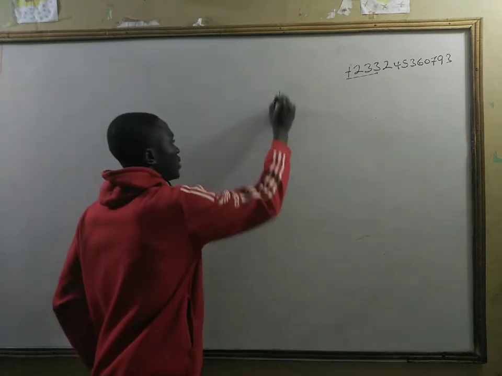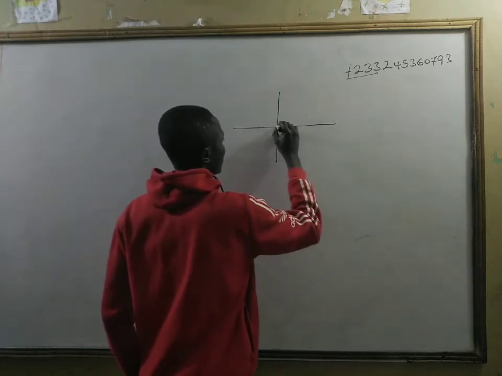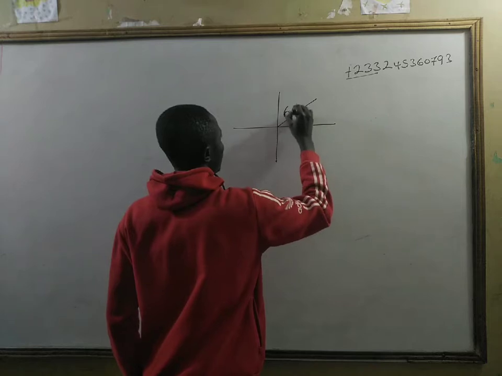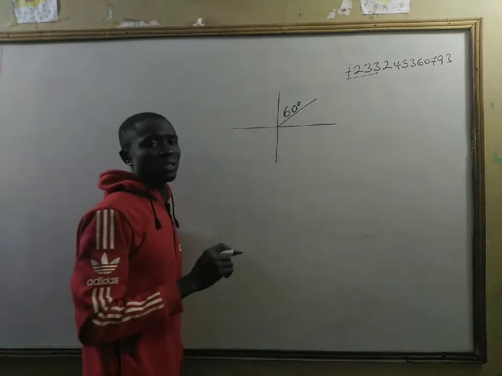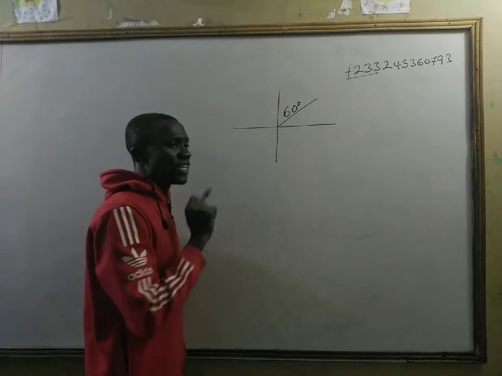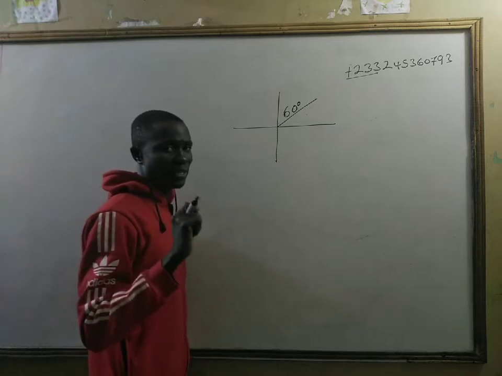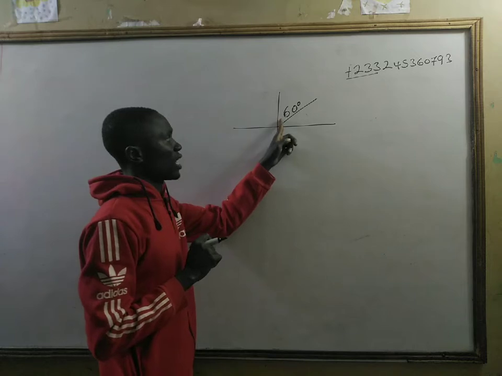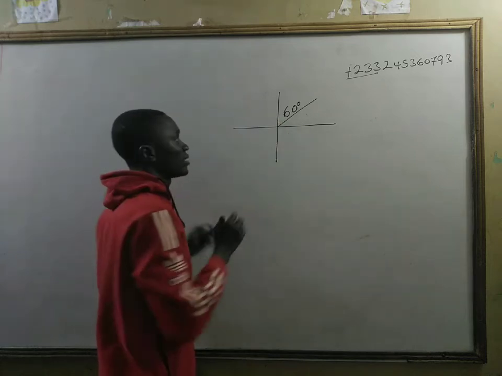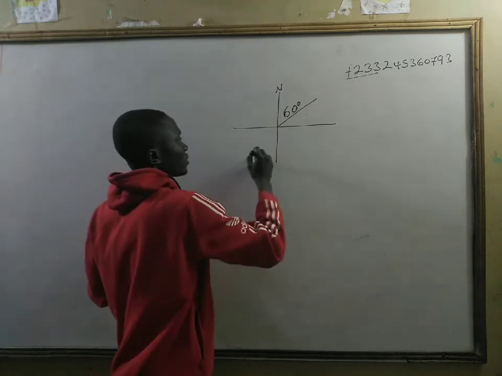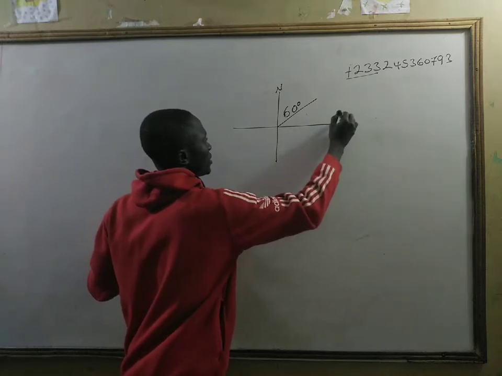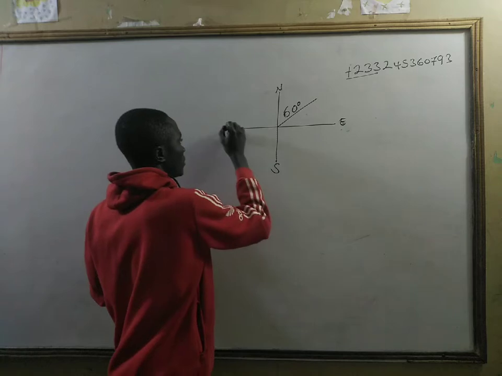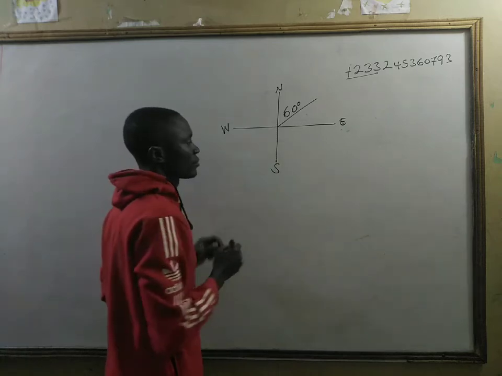Now, if I have this, let me put 60 degrees here. How do we write this in terms of the three-figure bearing and the compass bearing? For this, where I've put the 60 degrees, this is north, this is south, this is east, and this is west.